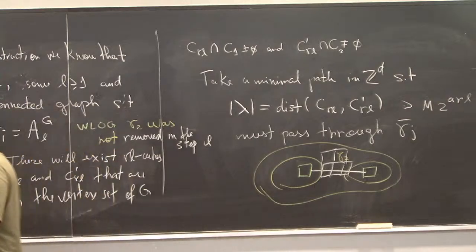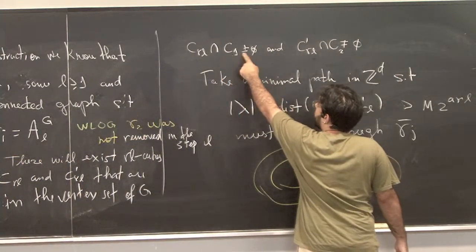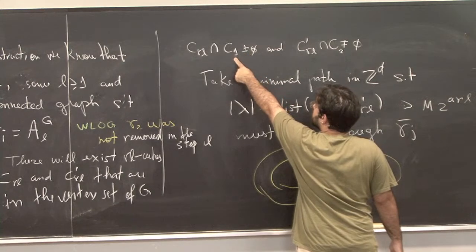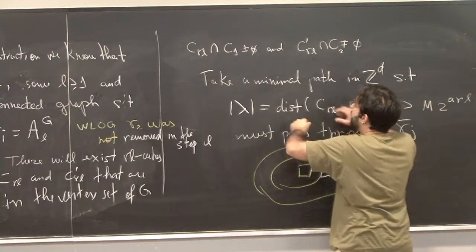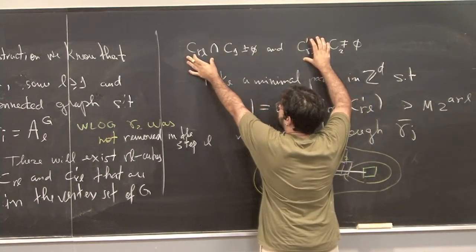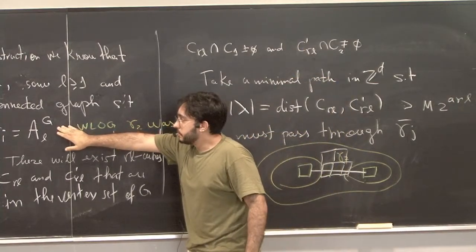And why this finishes the proof of the result is that, again, since CRL has a non-empty intersection with C1, this connected component, and CRL prime has a non-empty intersection with this one, and these two cubes make part of another connected component of the set.